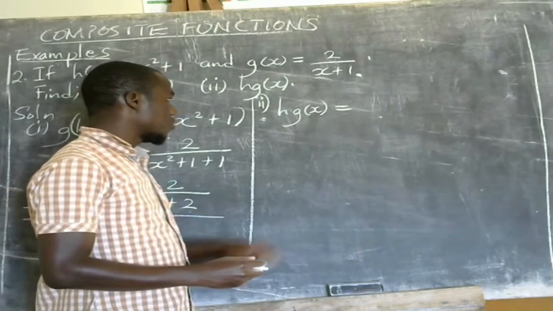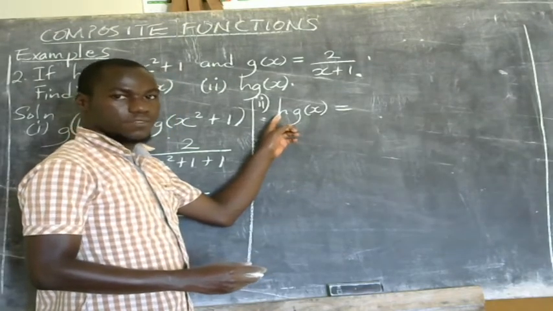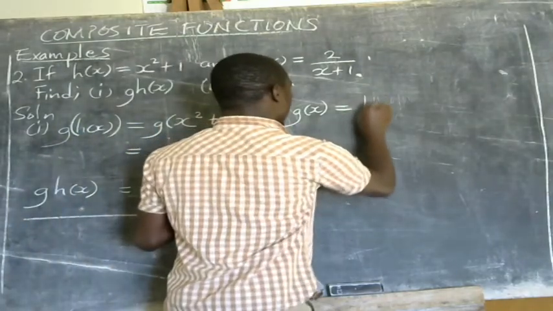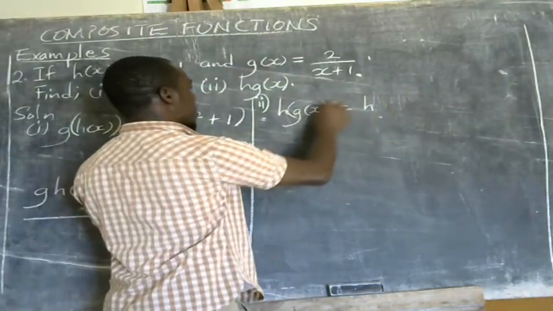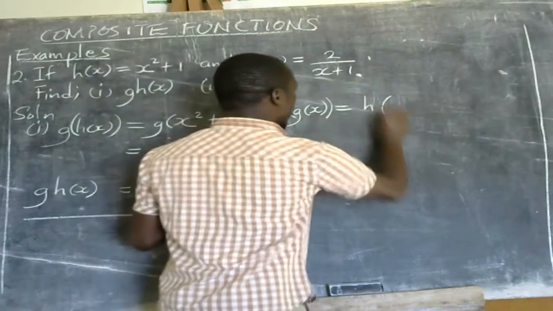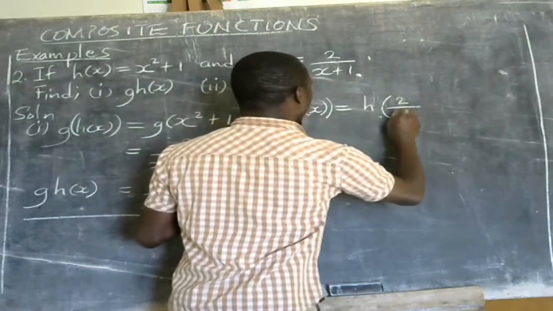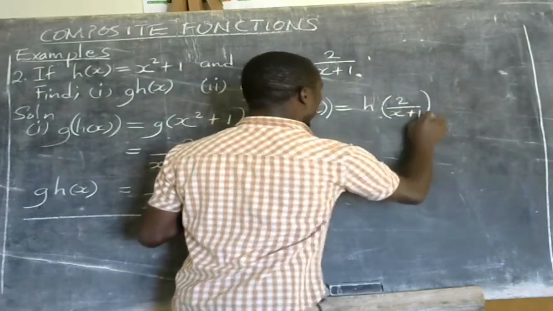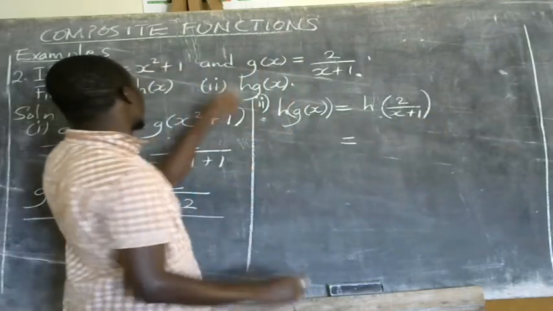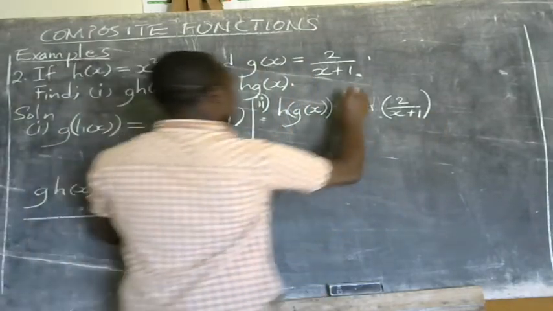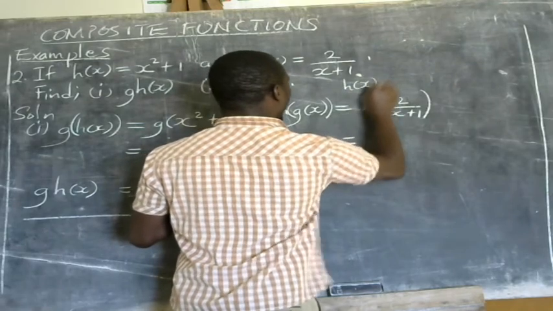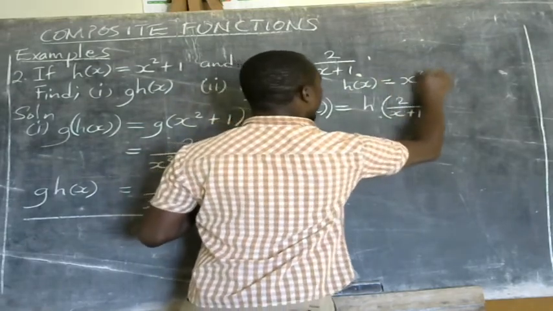So Roman 2, the h of g of x. What is my g of x? The g of x is 2 all over x plus 1. Now I'm going to substitute it in here. My h of x in the question was given as x squared plus 1.